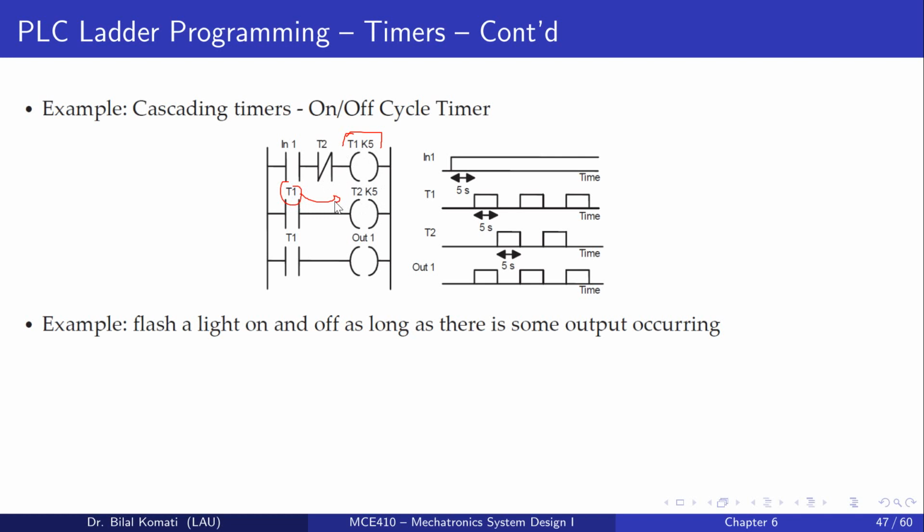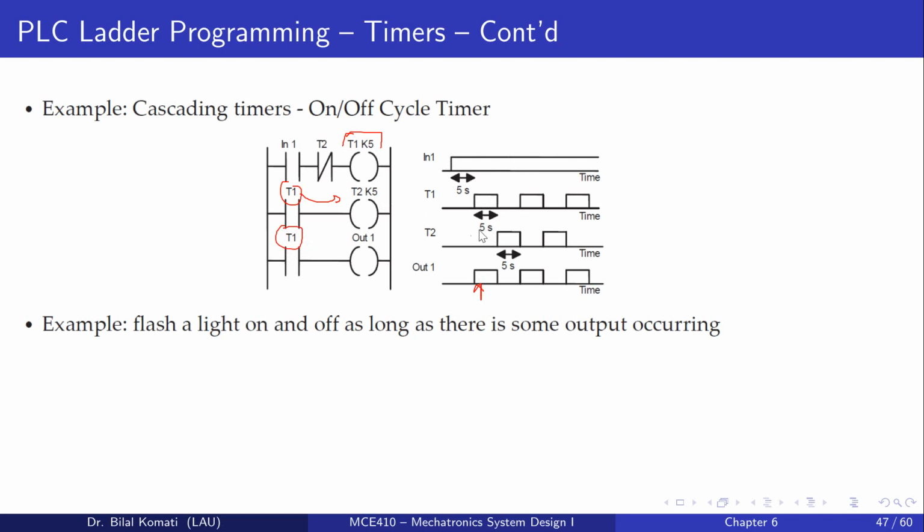Then T2 will be activated after 5 seconds, and the output is controlled using T1. So the idea is that once we click on 1, T1 will be activated after 5 seconds, and this will activate the output.